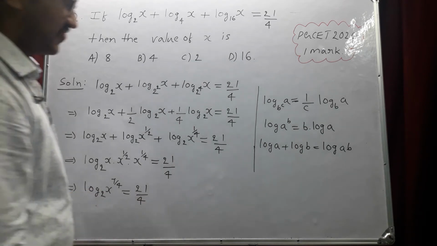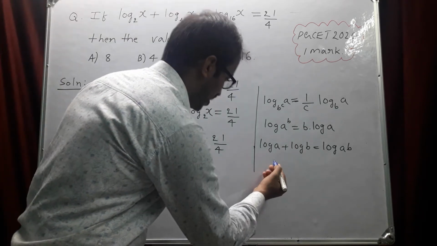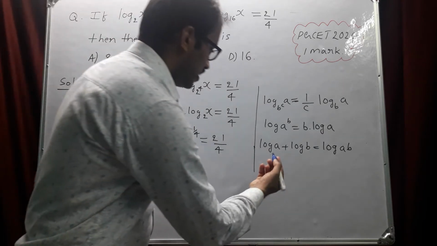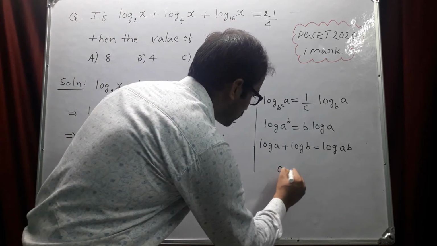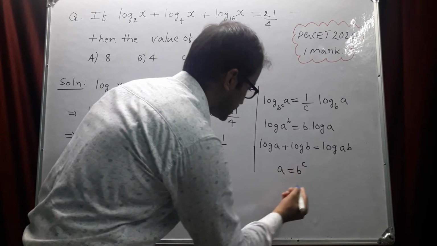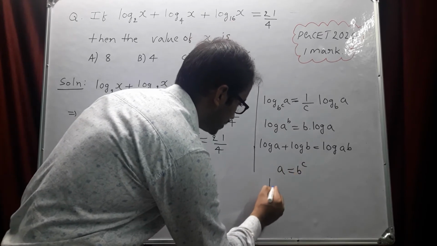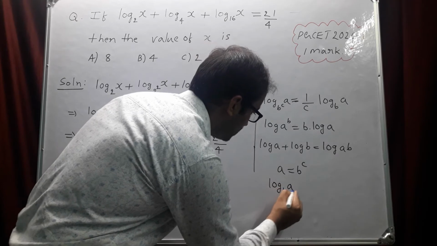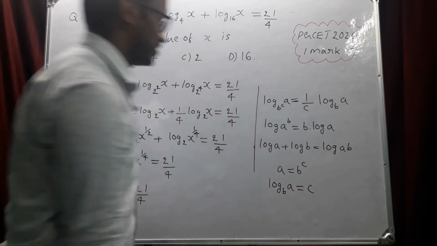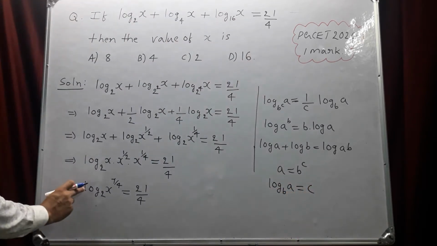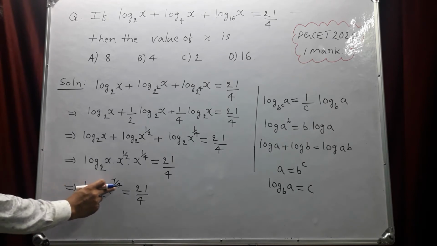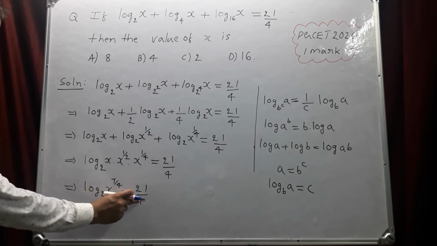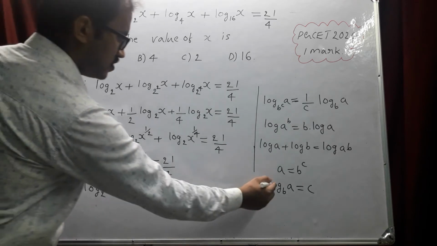So from the definition of logarithm, what we have seen, suppose a is equals to, we can write b power c, then what happens? Log a to the base b becomes c. So see here, it is of the form log a to the base b is equals to c. So what we can write?